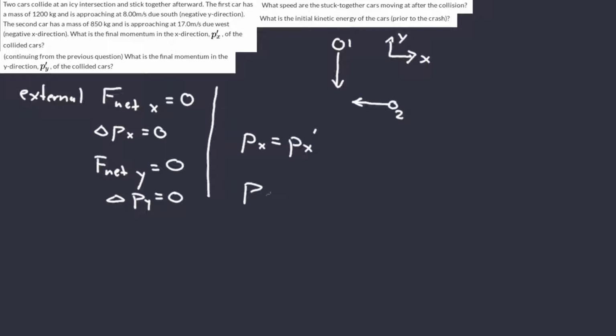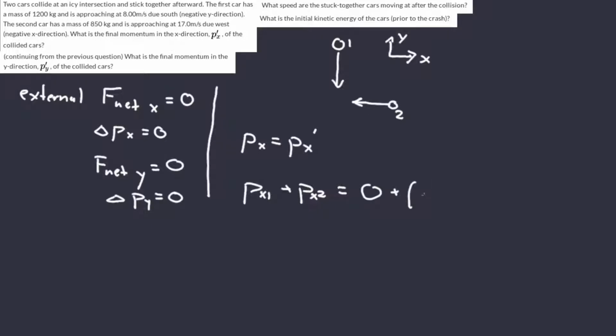So that's p of the first car plus p of the second car. Now the px, let's put x's there to remember we're talking about x. So px of the first car is going to be 0 because it's only moving in the y direction.